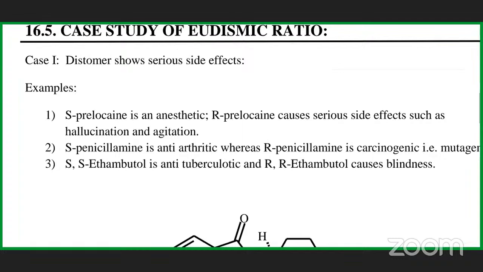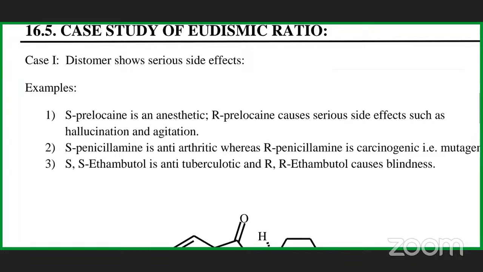In this case, we cannot consume this drug in the racemic form here, right? In case you do not resolve the compounds, the racemic mixture, if you are consuming this drug in the racemic form, then you can see the serious side effects of your distomer here.